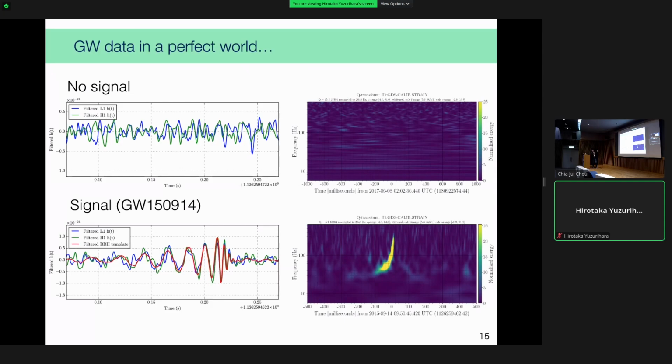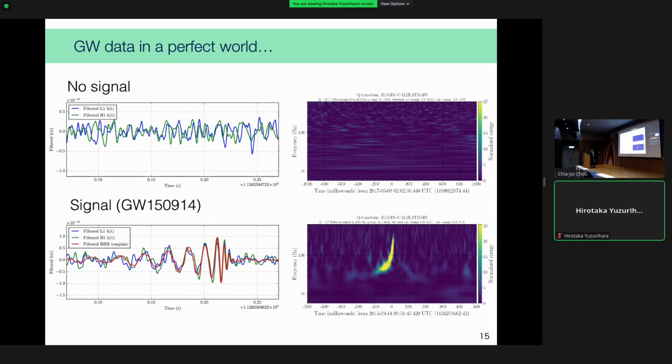In the top, no-signal case, we cannot see any specific characteristic structure on the Q transform, so this data looks very stationary. The bottom one includes a gravitational signal, so we can see the trace left by the gravitational event.